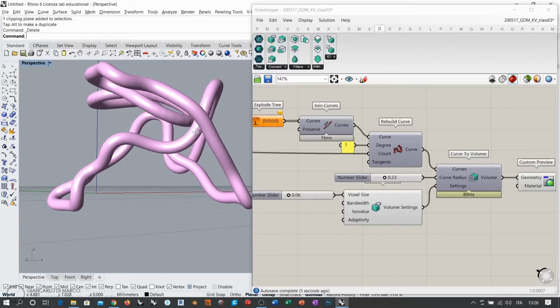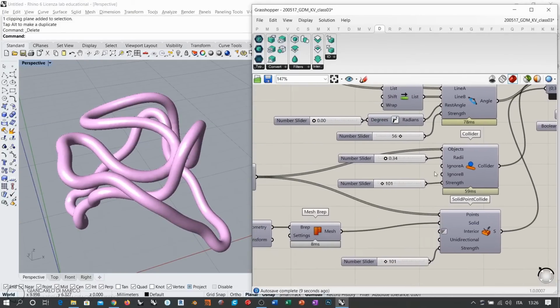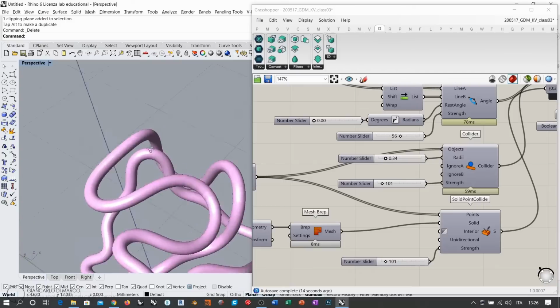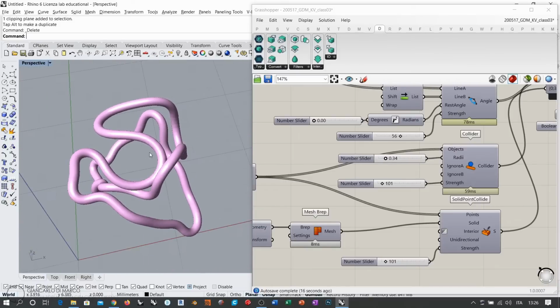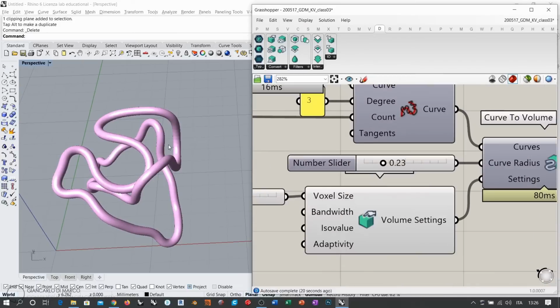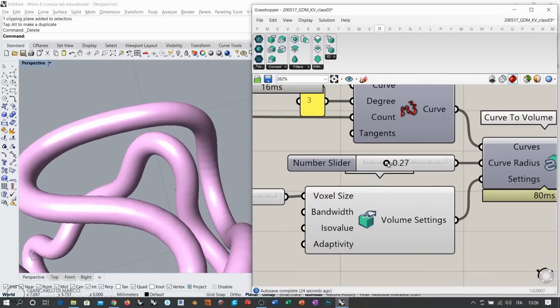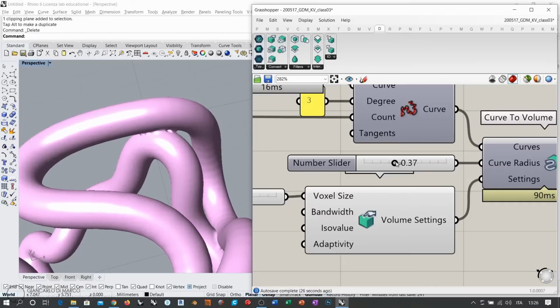Of course, in this case, for example, the radius of our tube must be consistent with the collision radius that we are giving here, because otherwise you will get self-intersections. When you get self-intersection in Cocoon, in Dendro, by the way, you can recognize it because Dendro simply merges the volumes together.